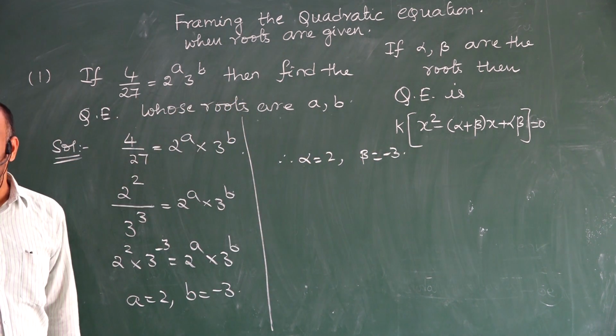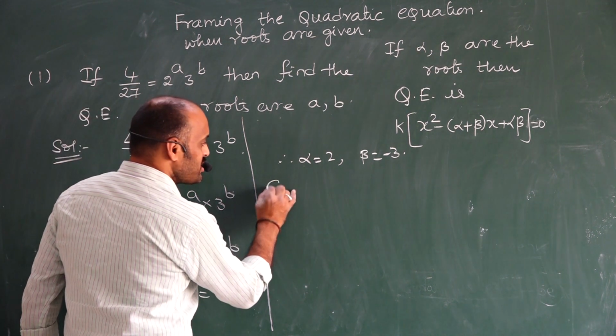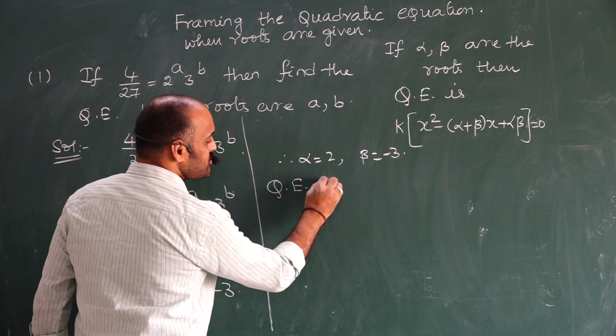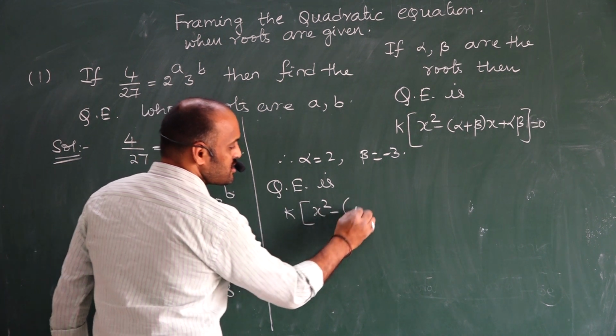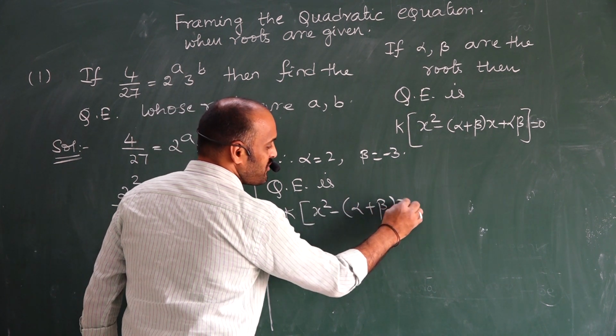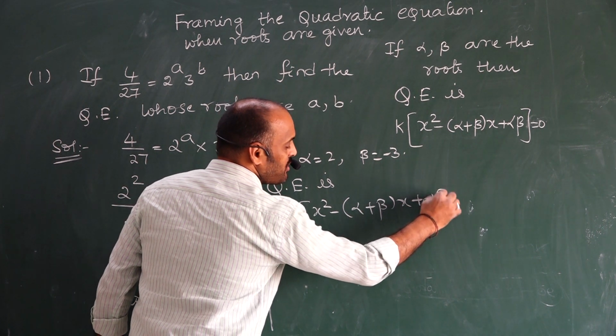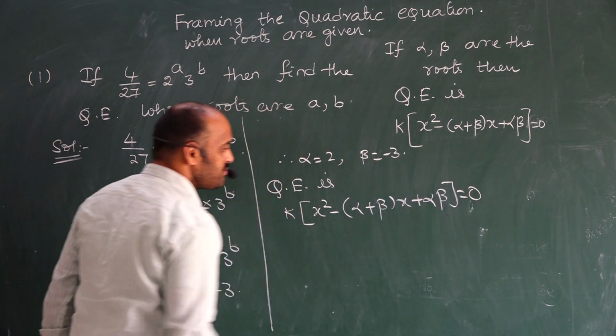When you get the roots, then the quadratic equation is k times of x square minus alpha plus beta times of x plus alpha beta is equal to 0.